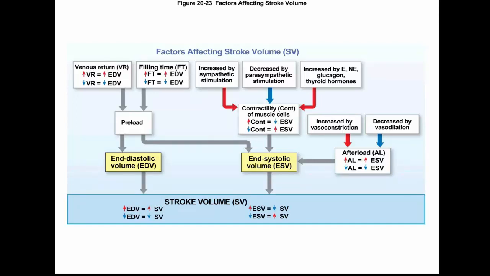If end diastolic volume decreases, stroke volume will decrease. If we look at the end systolic volume, if it increases, then the stroke volume will decrease and more blood will remain in the heart. If the end systolic volume decreases, then more blood will be moved out of the heart with each stroke.